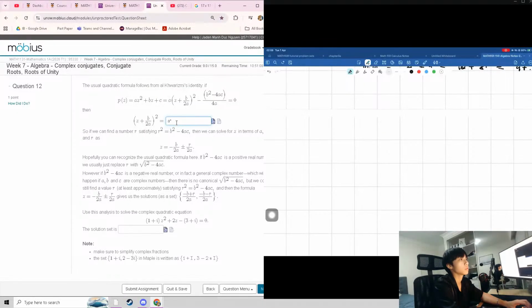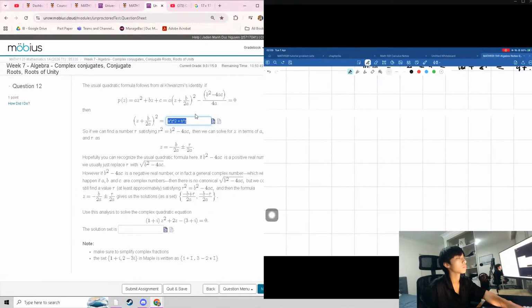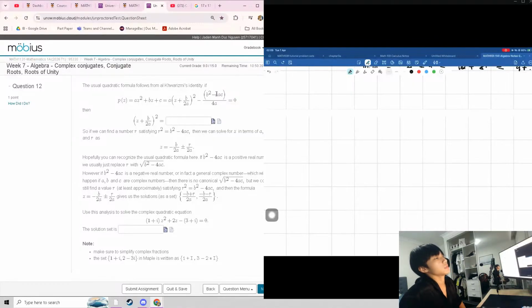A Z squared plus B Z. If P of Z is equal to A Z squared plus B Z plus C is equal to the, oh, okay, this is the X minus H form.